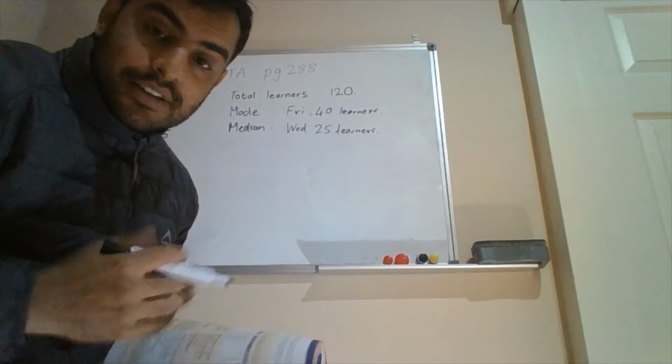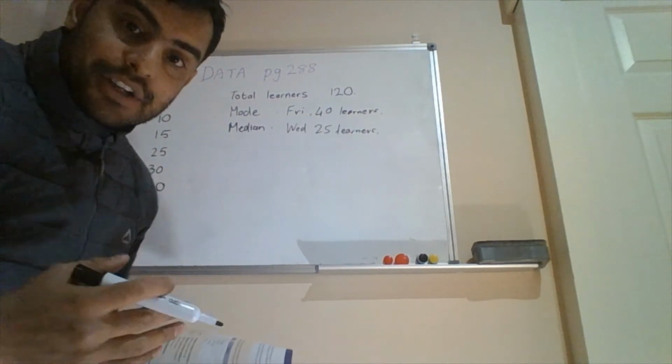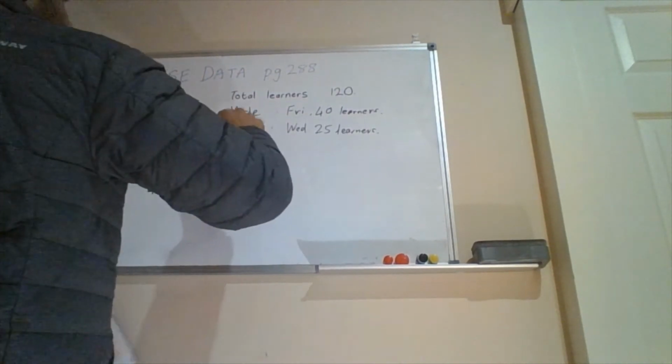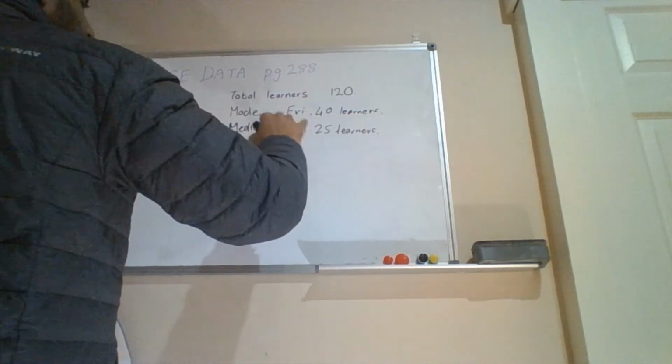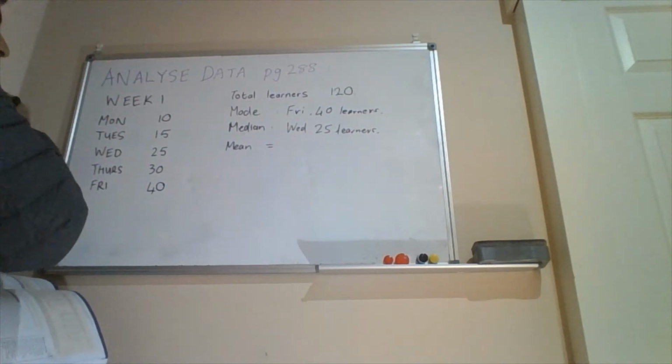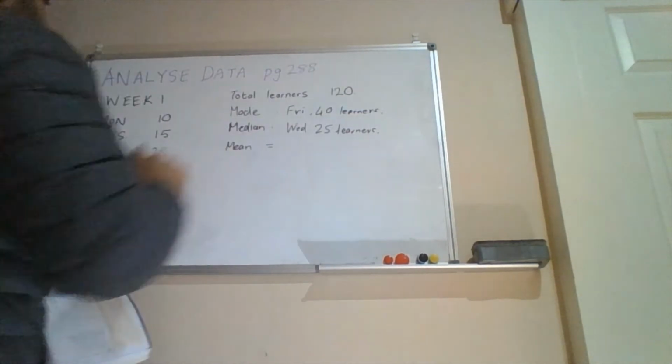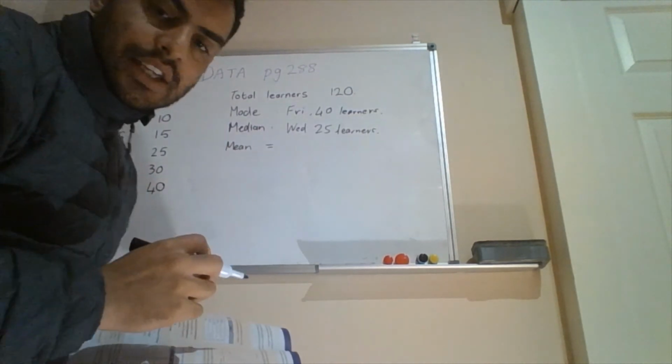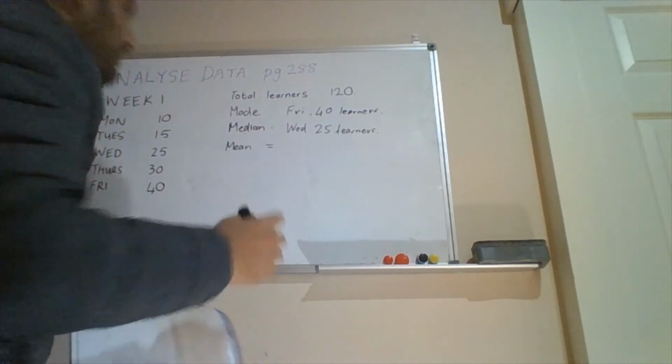Lastly, we'll find the mean, which is like the average. And the mean would be the total number of purchases divided by days of the week.